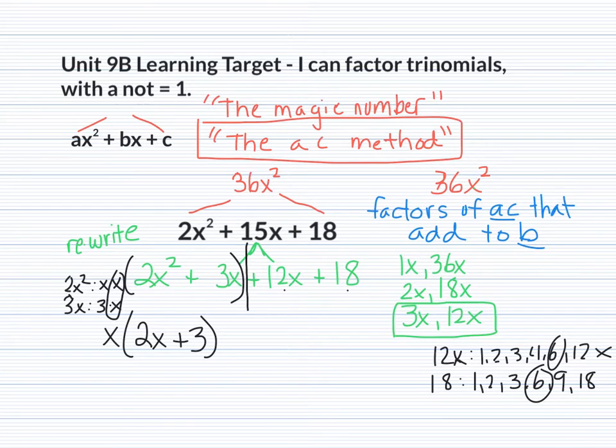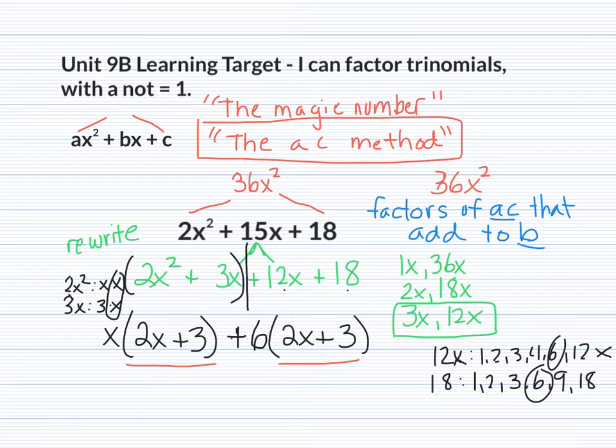So I can pull out a 6. Now, the key is, if I pull out a 6, do I have the same thing in the parentheses here as I get here? So what's 12x divided by 6? 2x plus 18 divided by 6 is 3. Okay, good. I have the same thing.